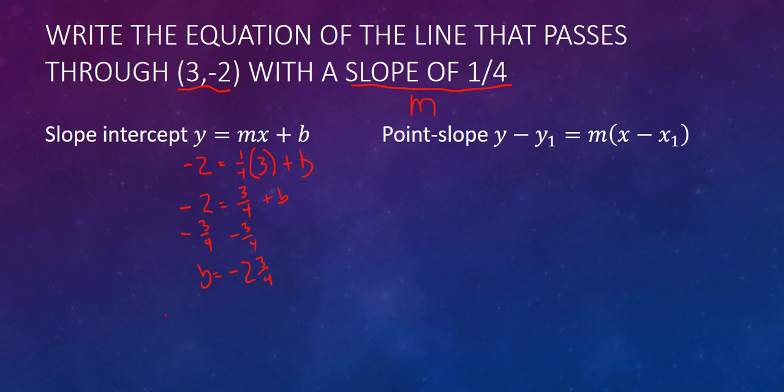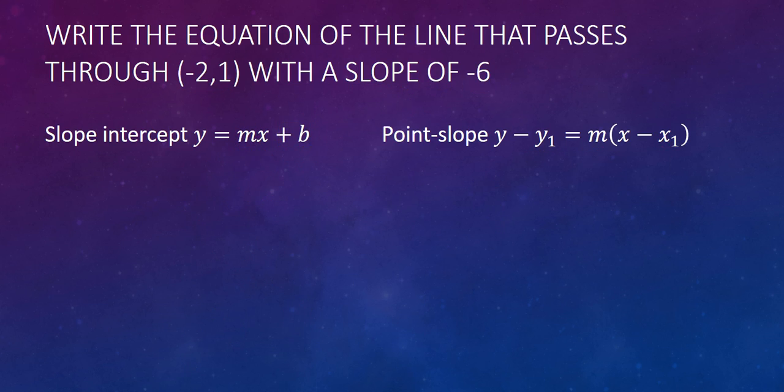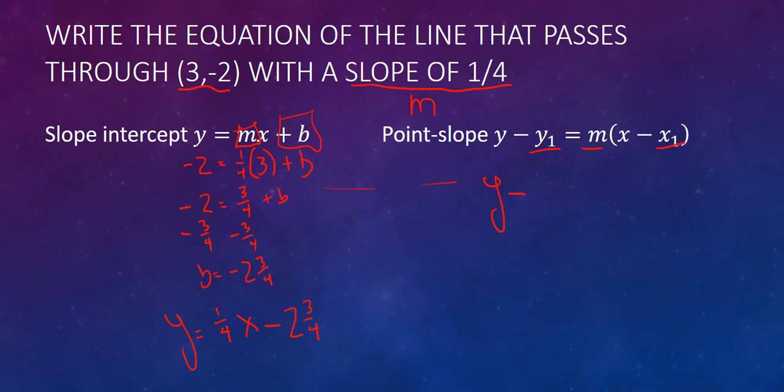So my equation would be y equals 1/4 x. I need to figure out my m, which I did. And plus b, well, in this case it's a negative, so I'm going to put minus 2 3/4 instead. Okay, seeing it in the point-slope form, we would do y minus the y value in our ordered pair, which is negative 2, equals the slope 1/4 times x minus the x value, which is 3.